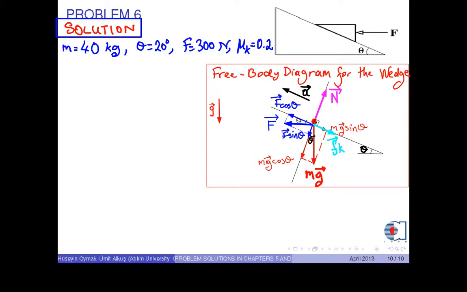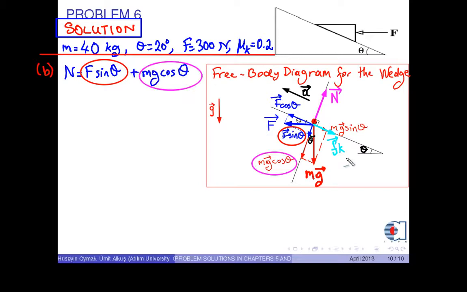In order to find an expression for Fk, we first find the normal force. In this configuration, it has the same magnitude as the net force in this direction. Then it is N equals F times sine theta plus m times g times cosine theta.